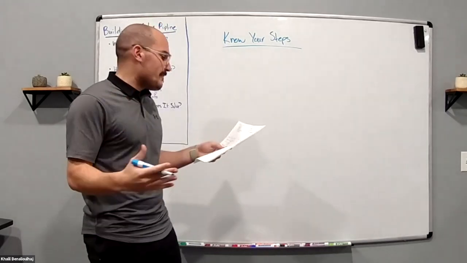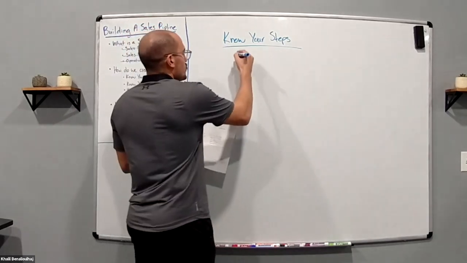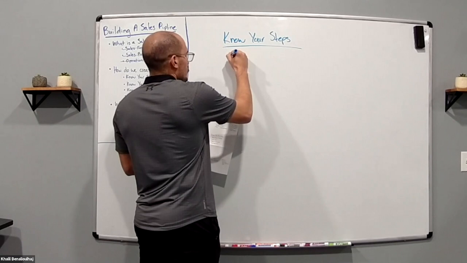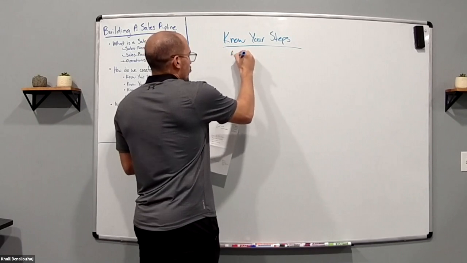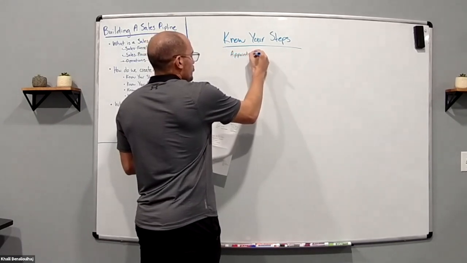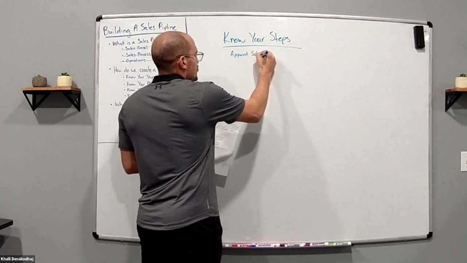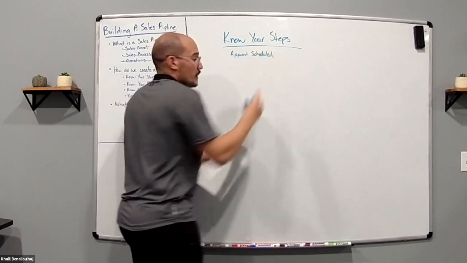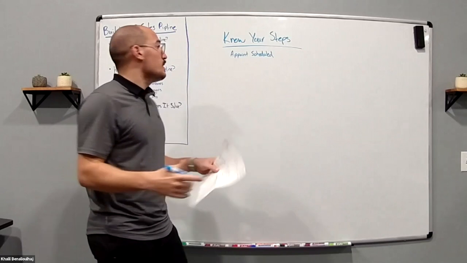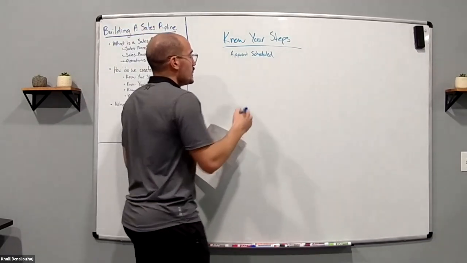But once we've identified somebody, we are trying to schedule an appointment. So I start at, our appointment is scheduled, and it's really good to go granular, really, really granular. So we have an appointment scheduled.